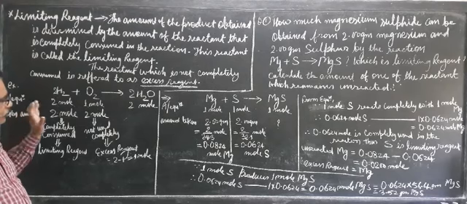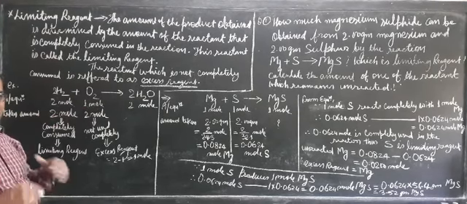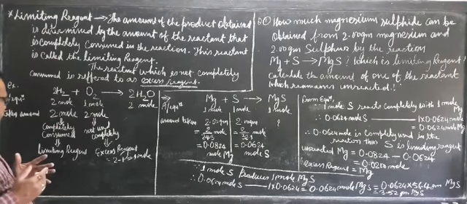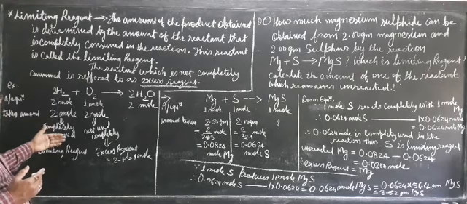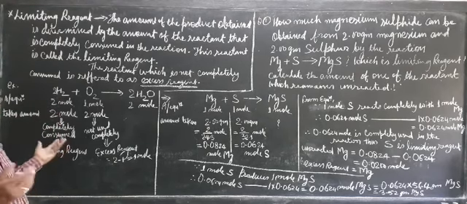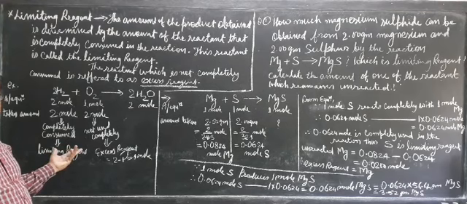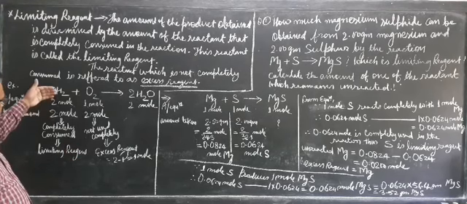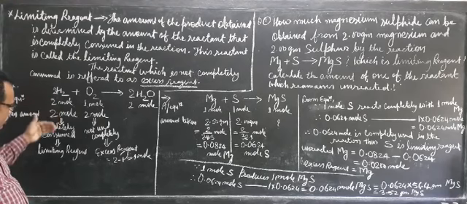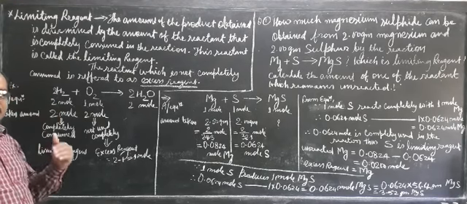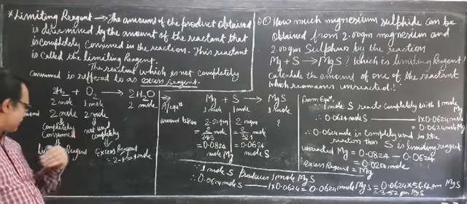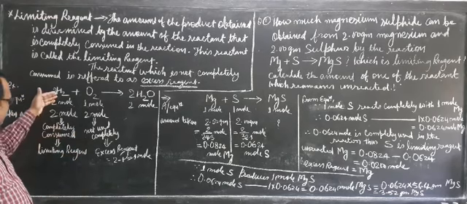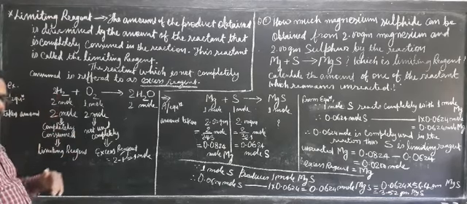After the reaction, once the water is formed and the reaction gets over, the amount of hydrogen is 0. That means the hydrogen is used up completely. Hydrogen is consumed during the reaction completely, and that is why this hydrogen limits the reaction.